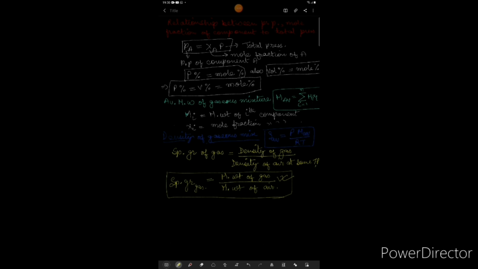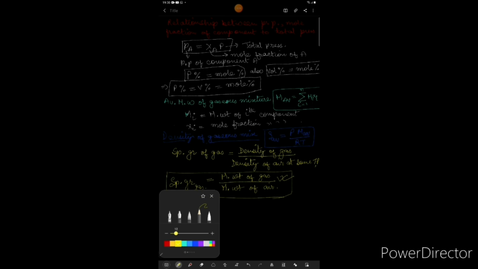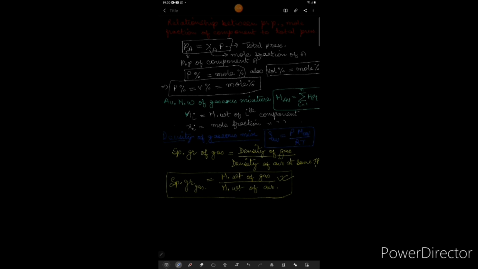Now if a gas liquid mixture is given, for a gas liquid system two laws come in. One is Raoult's law.